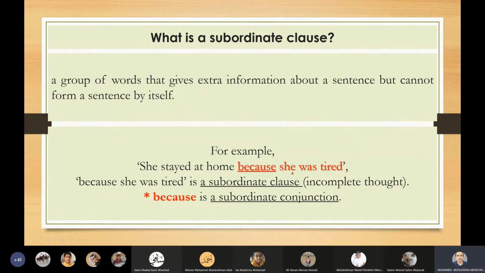We added more information about the subject. She stayed at home. Why? Because she was tired. Because she was tired here in this sentence is called a subordinate clause. The subordinate clause is incomplete thought, incomplete idea. Because is called in English a subordinate conjunction.